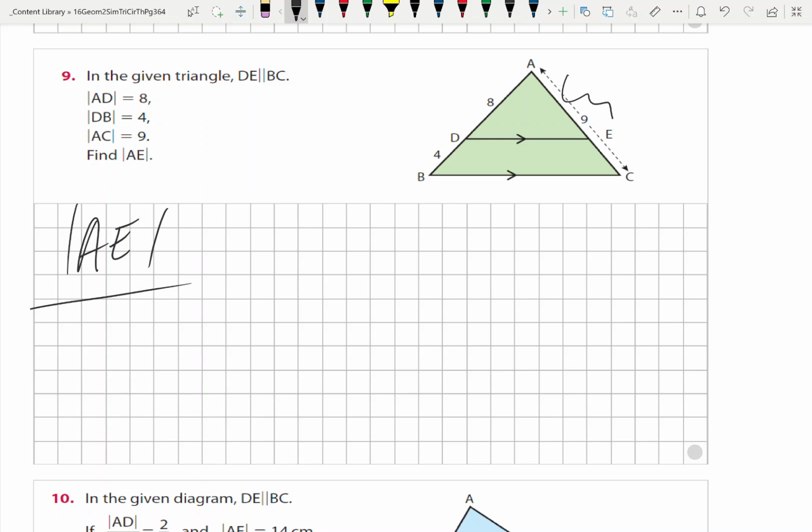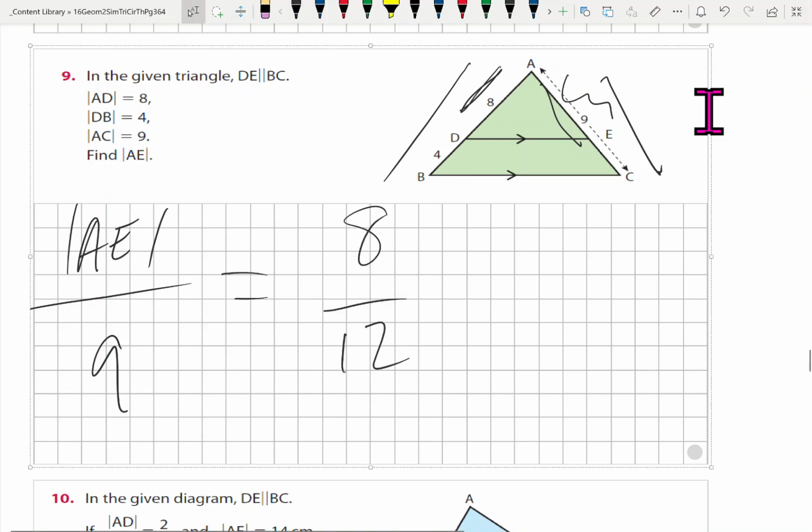A to E. That little bit divided by this total bit equals this little bit divided by this total bit equals 8 over 12. So we'll bring up the 9 and we'll let the calculator do the rest. So it's 8 nines over 12.